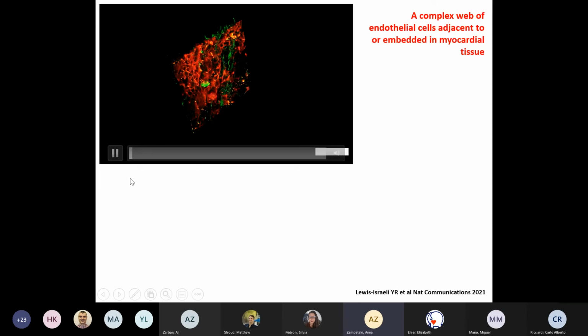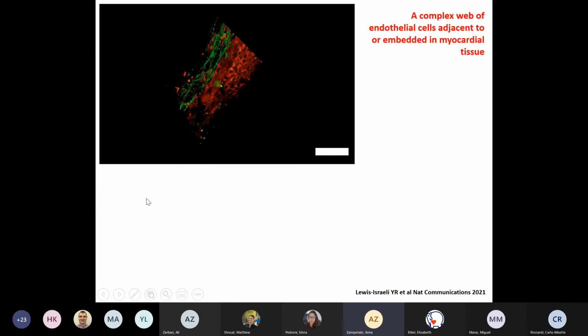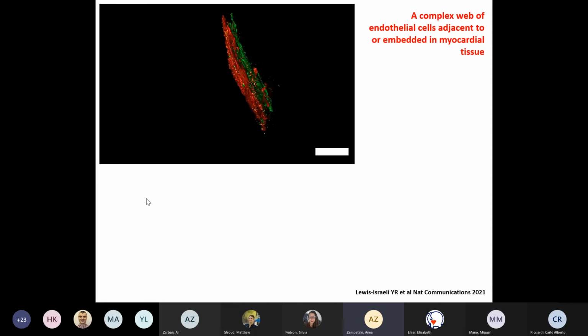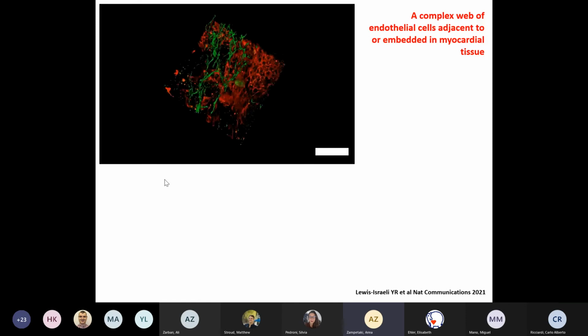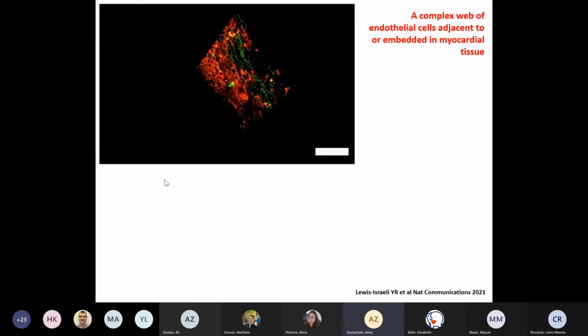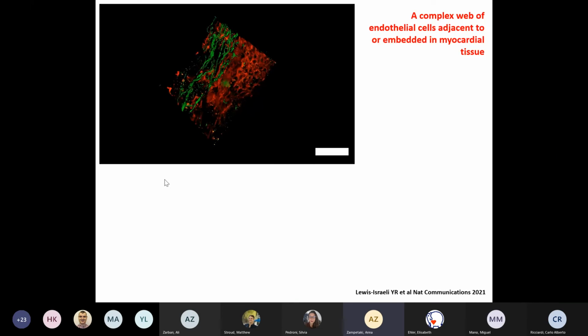Finally, they also show that you have some endothelial cells in there, so vascularization of these organoids is also important if you want to maintain them for a substantial amount of time in vitro.